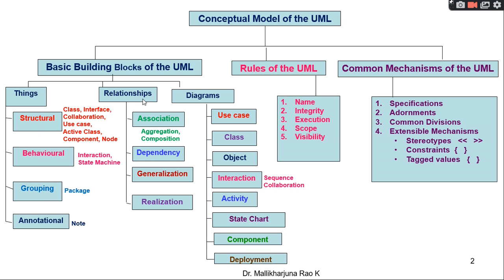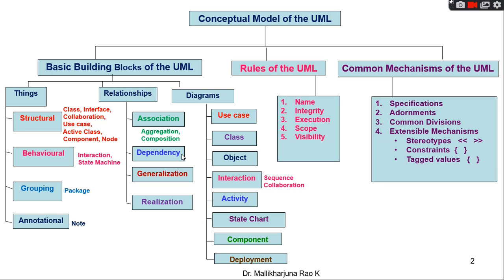The first one is association, used to connect two or more things. It has different flavors: aggregation and composition. We'll discuss these relationships in detail in the next video.